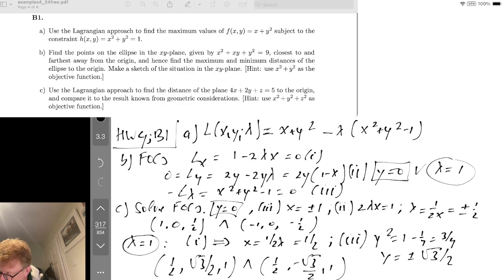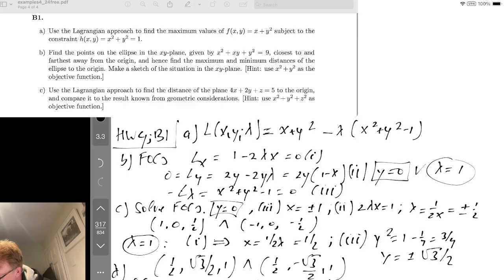Now we're just finding the maximum, so we just fill in the values, because we don't have the criteria yet to do more. f(1, 0) is 1, f(minus 1, 0) is minus 1, so it's obviously not a maximum.